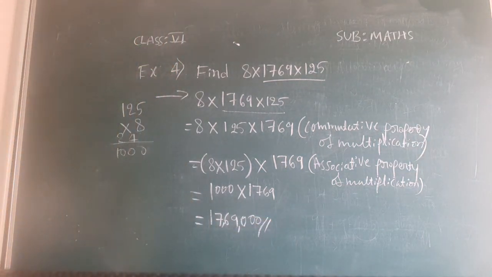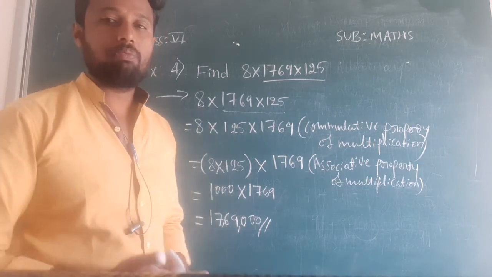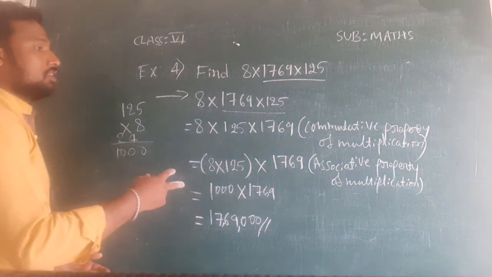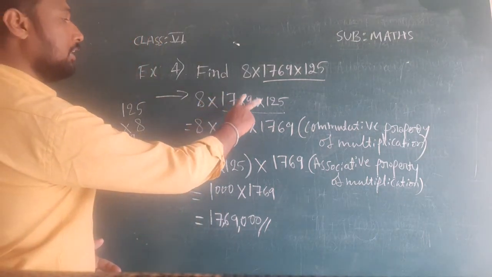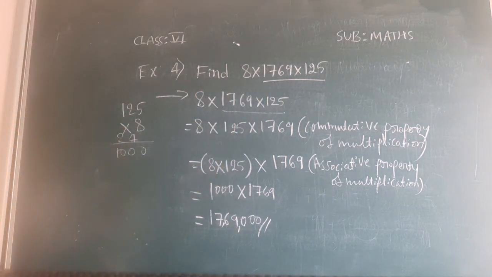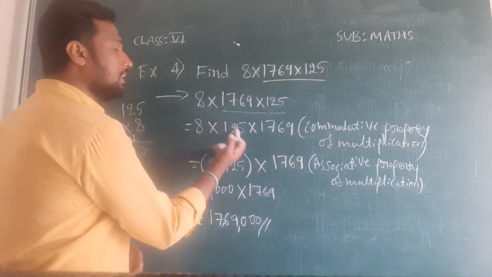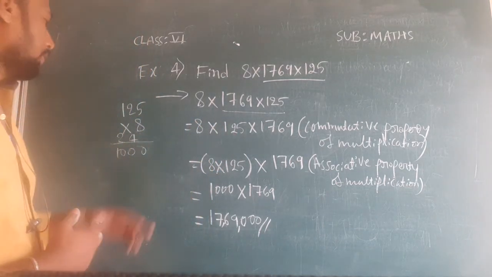What we did here, we applied both commutative property and associative property of multiplication. First by commutative property we interchanged this 1769 and 125, because it is easy for us to multiply 8 into 125, we will get 1000.